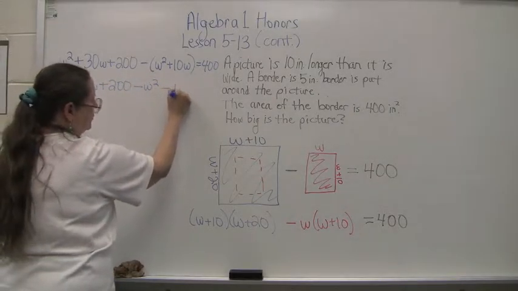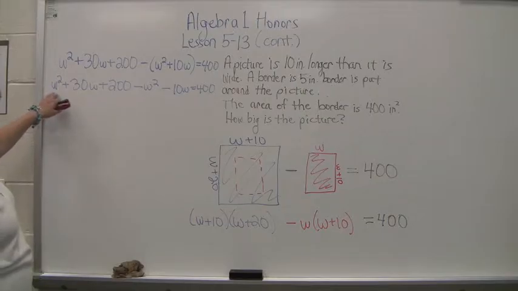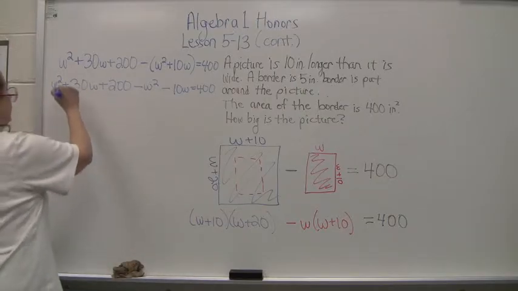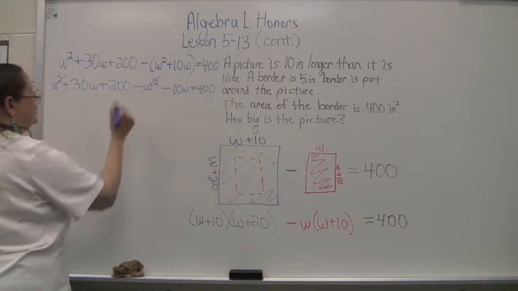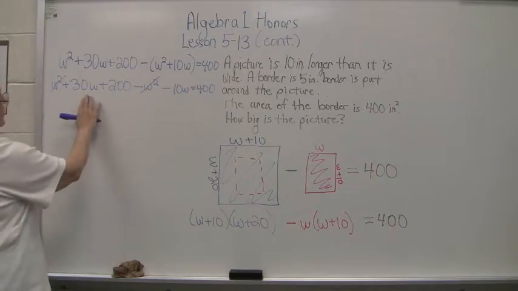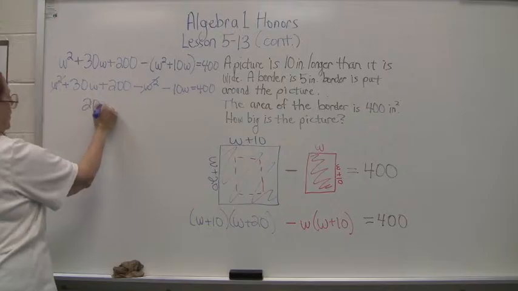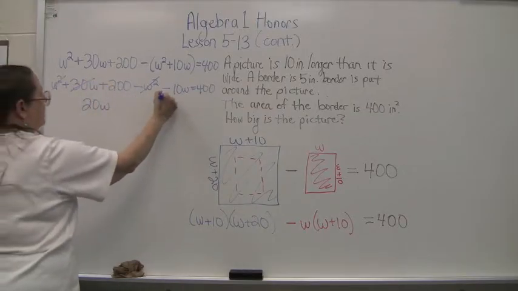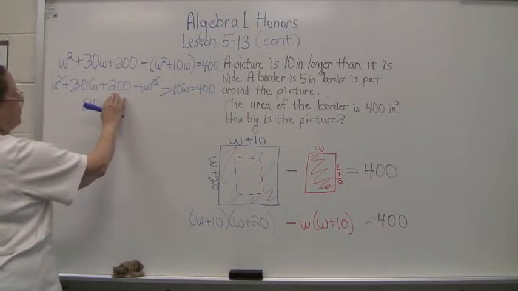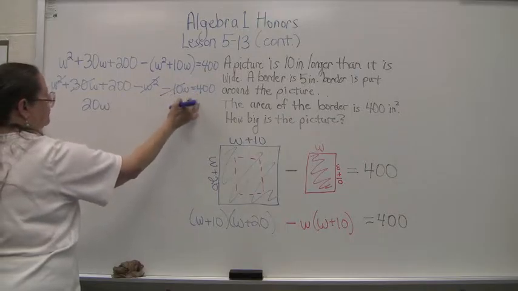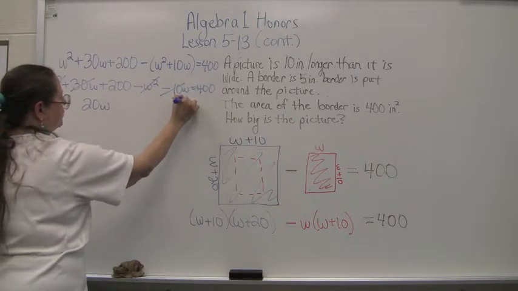So now we have W squared plus 30W plus 200 minus W squared minus 10W equals 400. Well, let's see, W squared minus W squared, that term disappears. 30W minus 10W, we have 20W left. And then plus 200, and we want to subtract that 400. So let's bring the 400 over here.